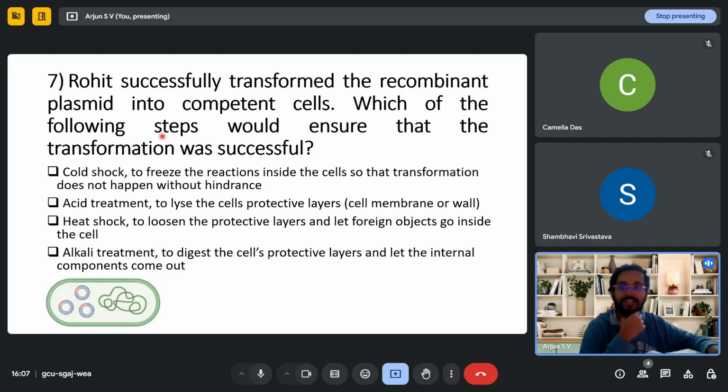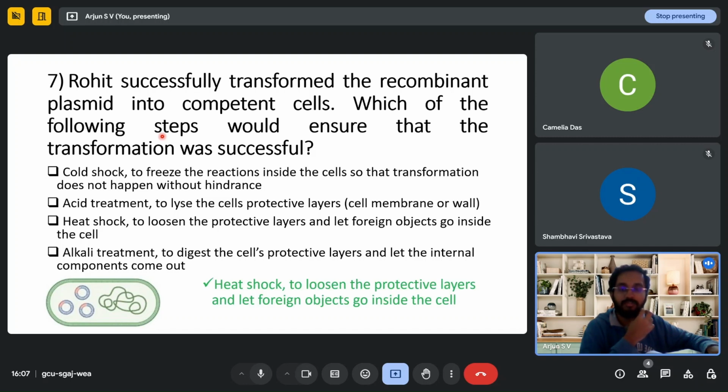Acid and alkali treatment we can't use because we can't destroy the cell's protective layer. Cold shock we can't give because the cell's protective layer needs to be disrupted a bit so that the plasmid can enter. So the final correct option will be heat shock to loosen the protective layers and let foreign objects go inside the cell.